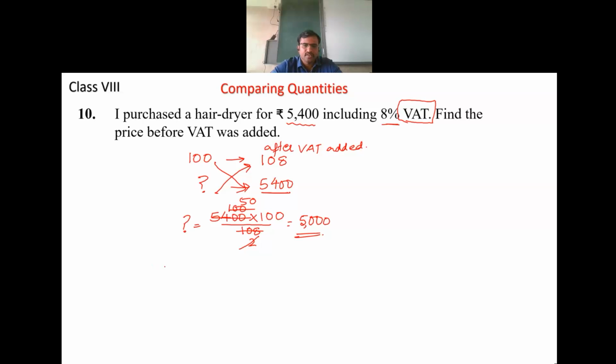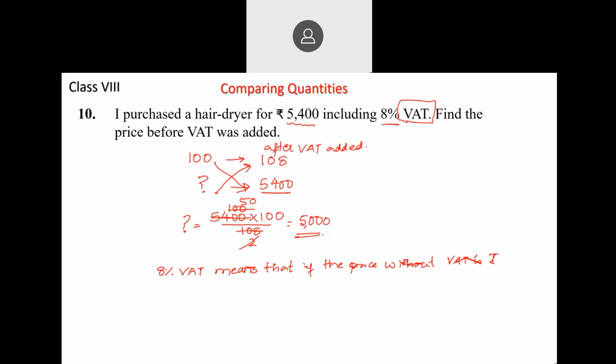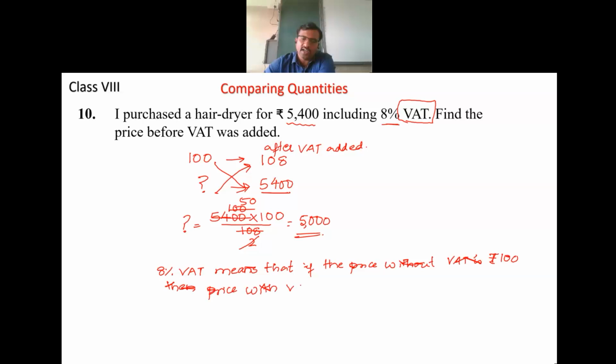Suppose I write like this: 8% value added tax means that if the price without value added tax is rupees 100, then the price with value added tax will be equal to 108. That is what it means.